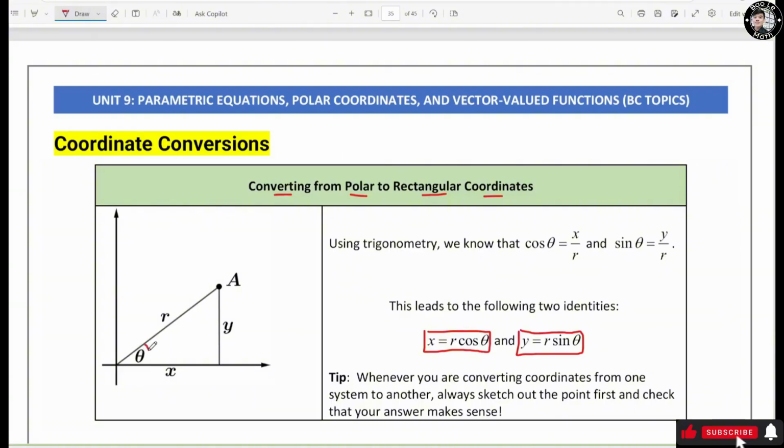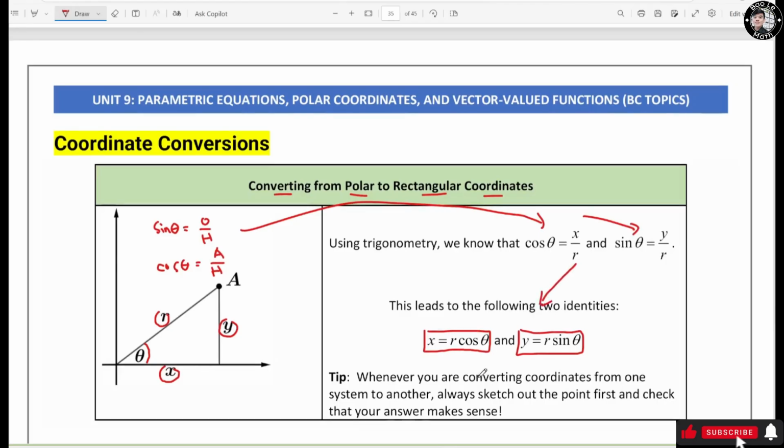The angle theta is right here, the radius is right here, this one is the x, this one is the y. Remember, sine of angle theta equals opposite over hypotenuse, and cosine of angle theta is adjacent over hypotenuse. So that's why you get these formulas, and then you convert.